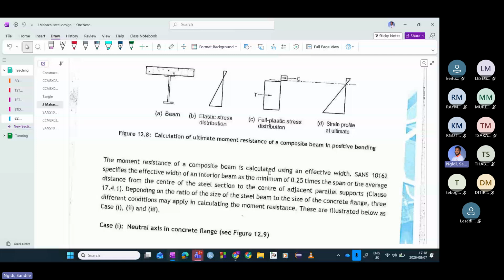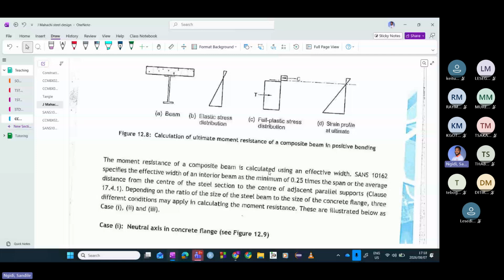You need steel to be the one carrying tension. And then on top of this beam section, you have concrete, which means that we have a concrete slab on top. That's the composite section, so a steel beam and a concrete slab.